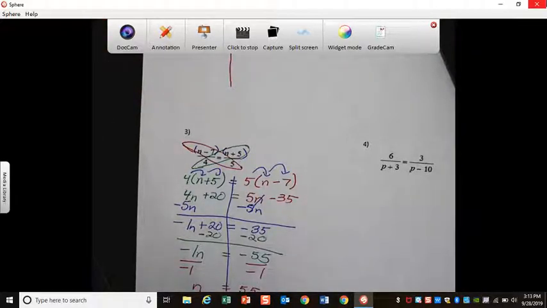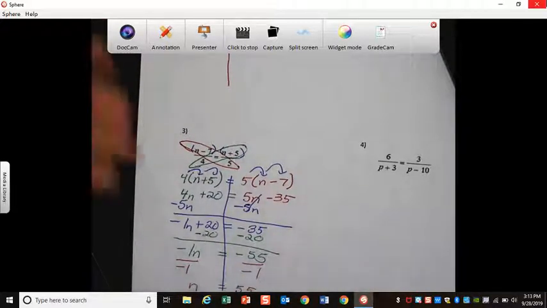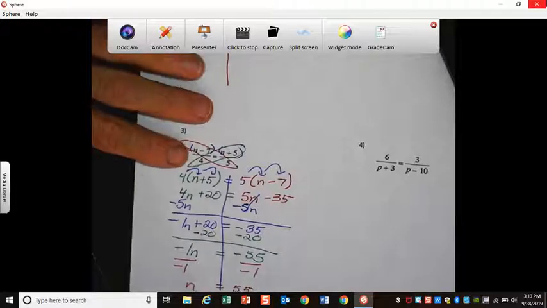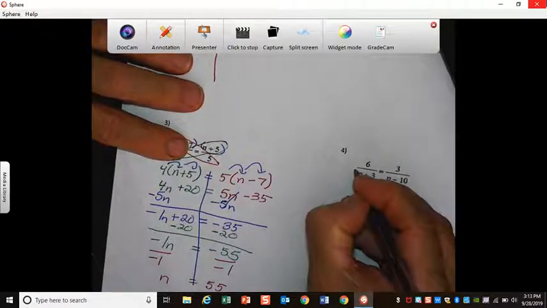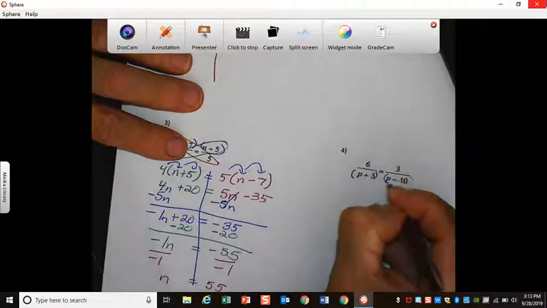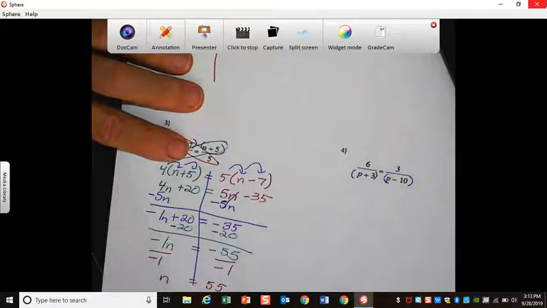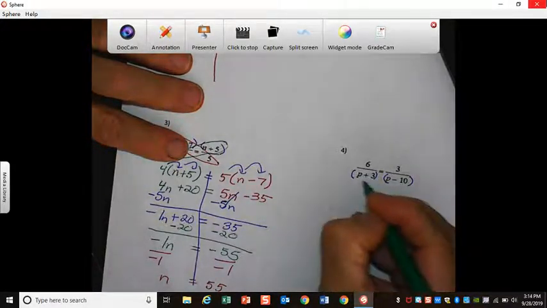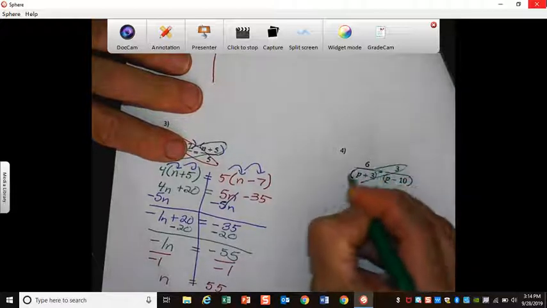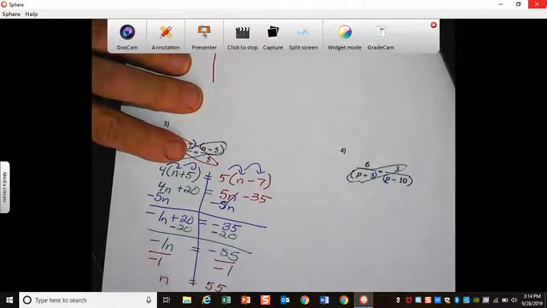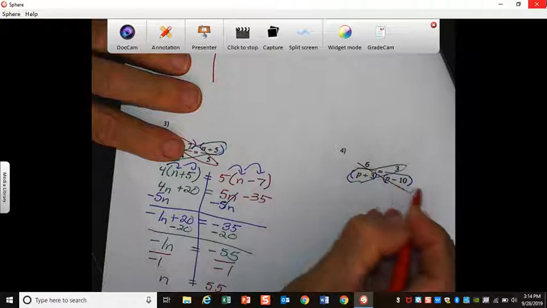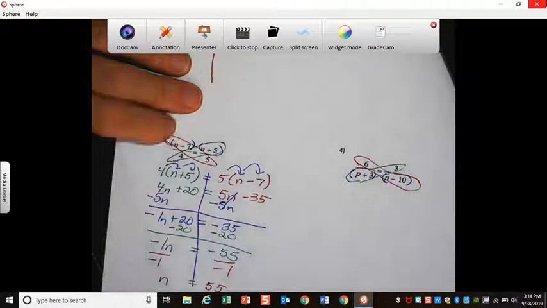So the final problem, you need to copy down into your notebooks. And you're going to draw 2 sets of parentheses. You're going to butterfly p plus 3 times 3. And then you're going to butterfly on the other part 6 times p minus 10.